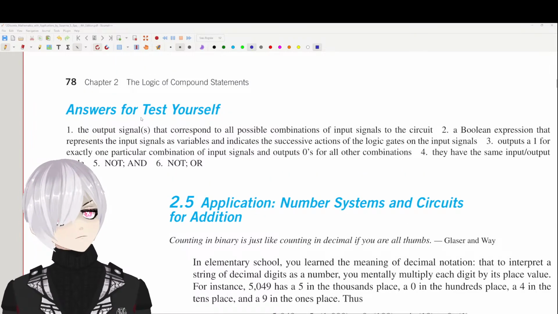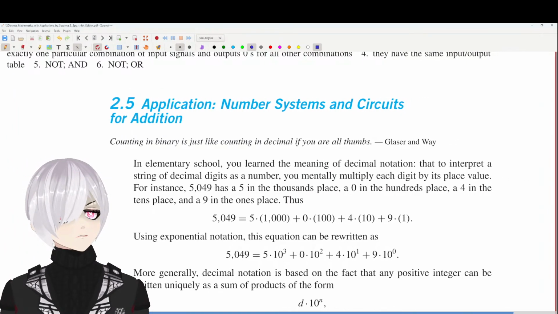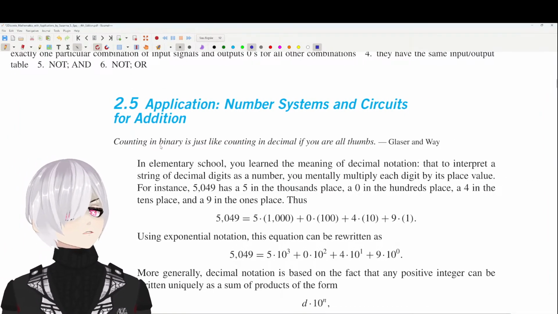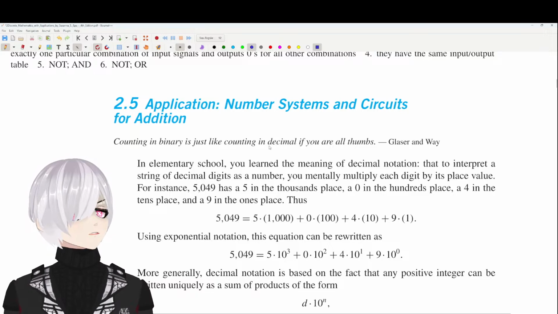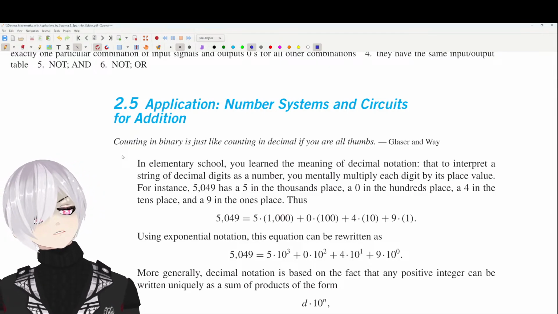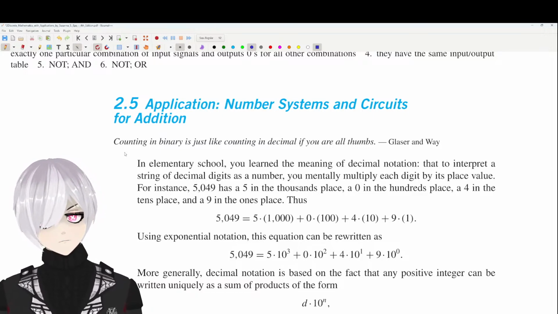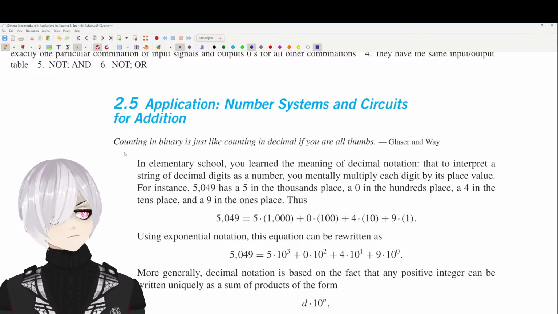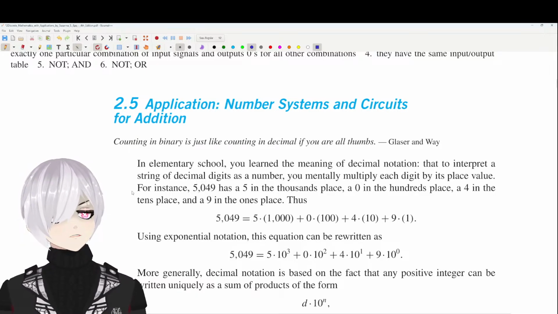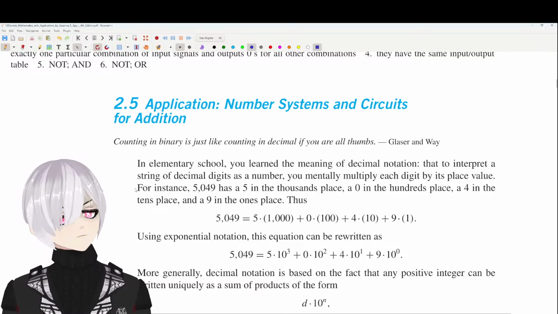Okay, let's see. Counting in binary is just like counting in decimal if you're all thumbs. In elementary school, you learn the meaning of decimal notation, that to interpret a string of decimal digits as a number, you mentally multiply each digit by its place value.